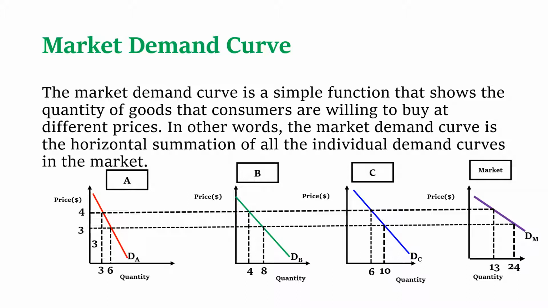So you can tell from these three individuals who is richer, who is wealthier than the other. Now you know this guy is a poor person. Now you see how this demand curve is steeper than this one. The demand curve here is flatter relative to these ones.